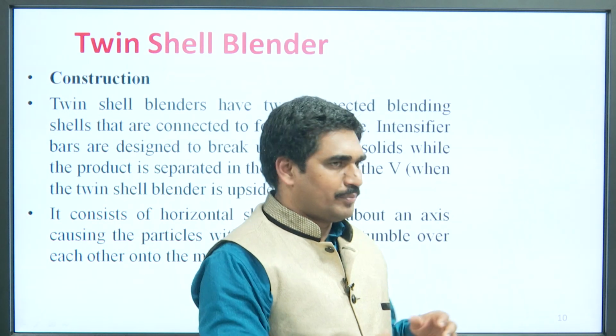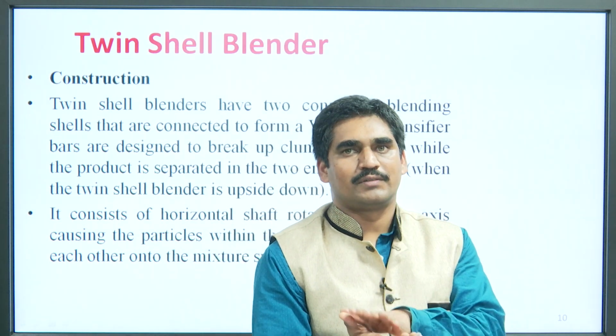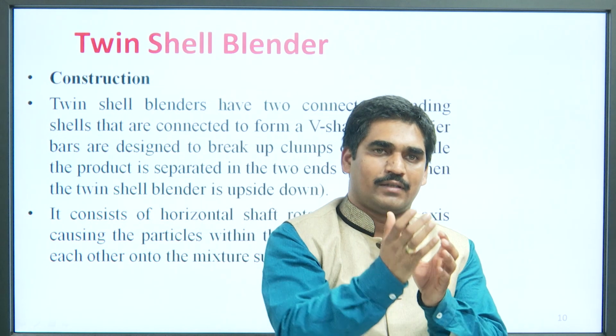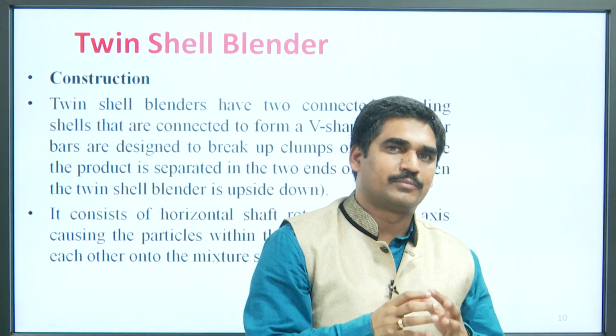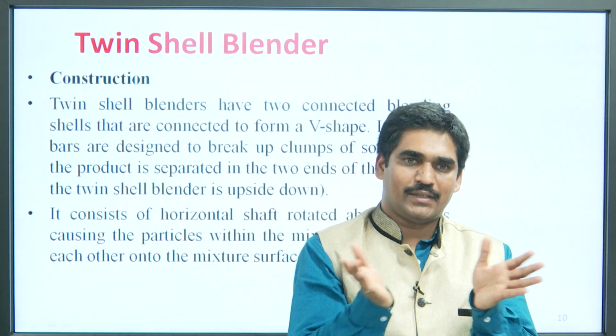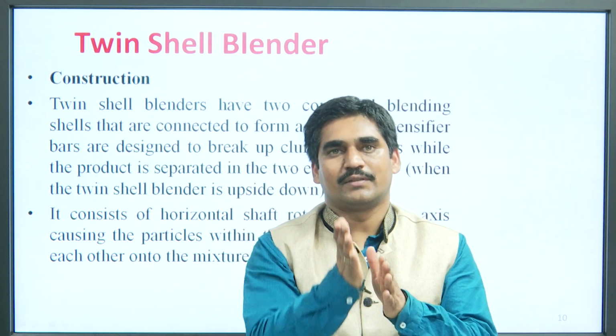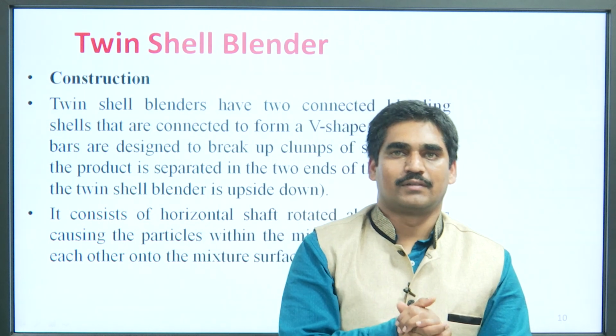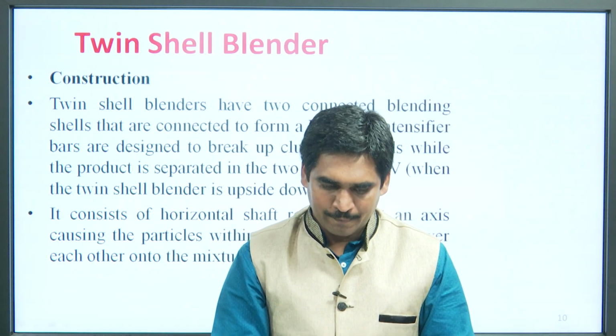During movement, the bottom part of the twin cell moves in an upward direction and the two legs come to the bottom direction. During this movement, this intensifier bar helps in breaking these clumps of solid particles.